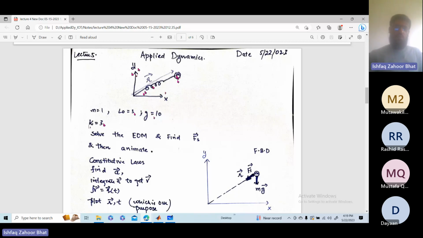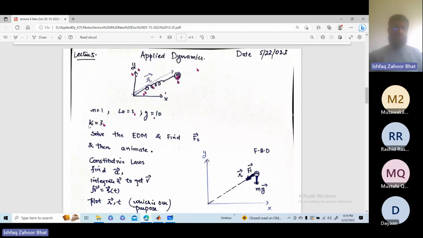So now what is the problem? The problem is that we have a body which is attached through a spring to the origin, and it is also acted upon by the gravitational pull along the minus y axis.